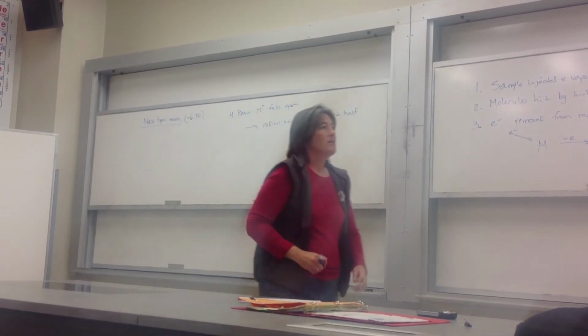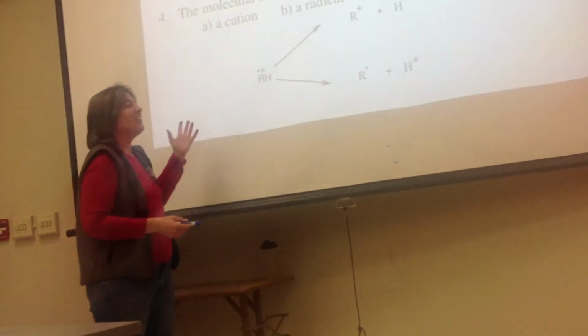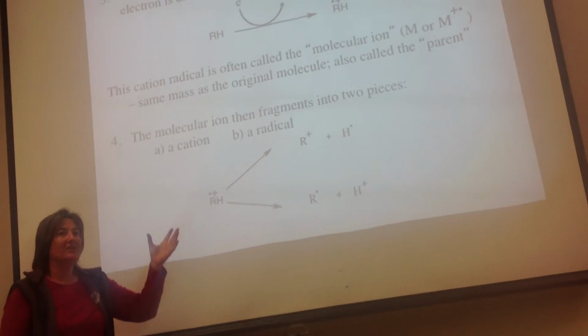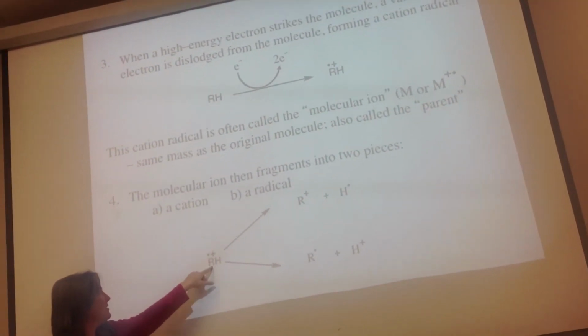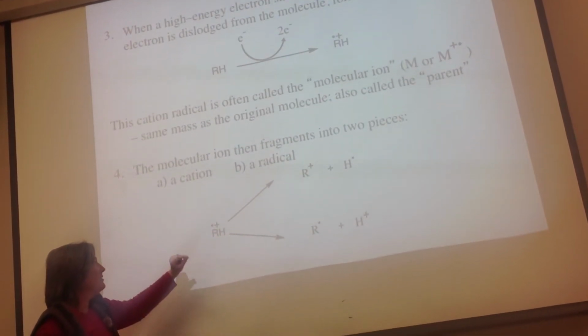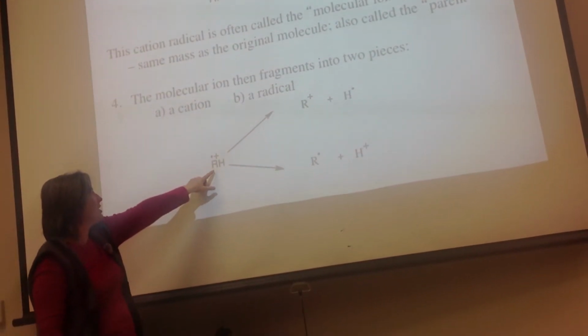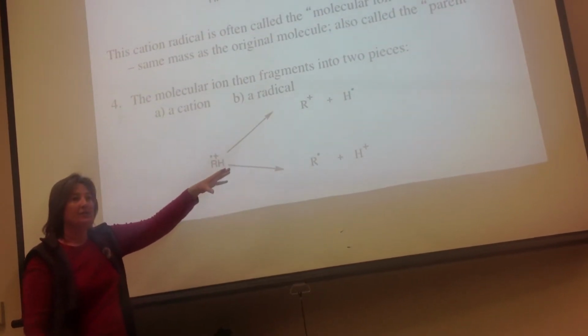And you can see here on the slide the two different ways this can happen. This particular thing is showing an alkyl group. Okay, it's an alkyl group with an H on there. And we get this molecular ion, this is the parent right here, and it falls apart two possible ways. One would be where the alkyl group, the R group, gets the positive charge, and hydrogen is the radical.